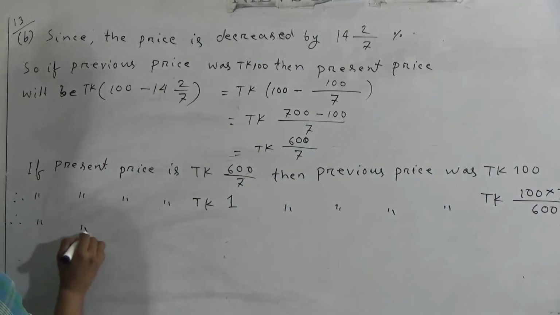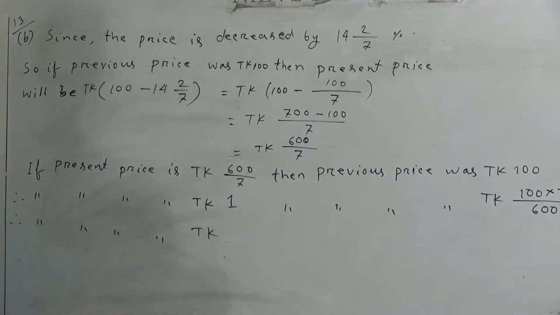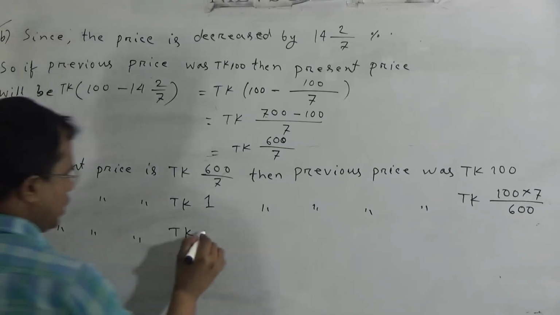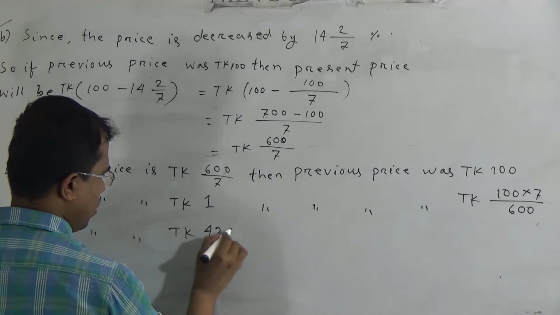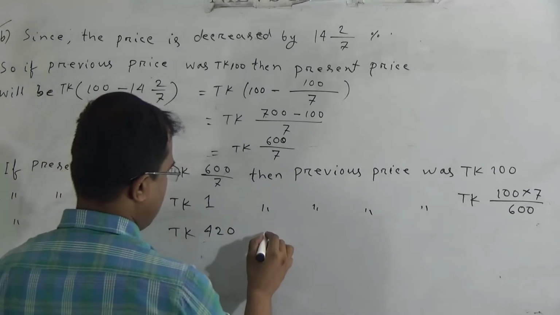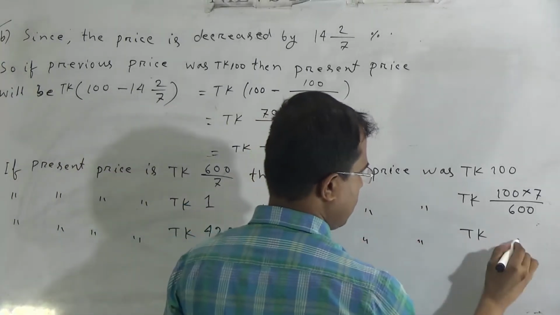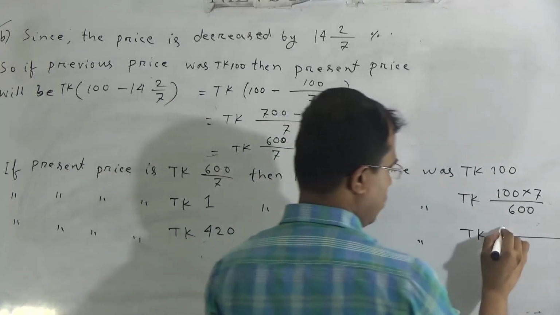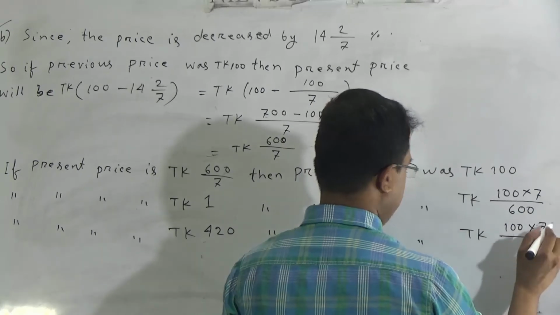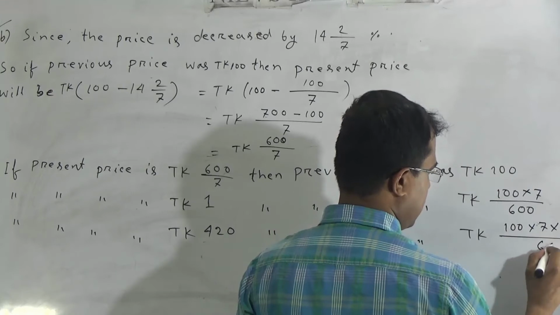Now, in the question it is mentioned that 10 more bananas are available at TK 420. So here we will write 420. If the present price is TK 420, then the previous price was TK 100 multiplied by 7 multiplied by 420 divided by 600.